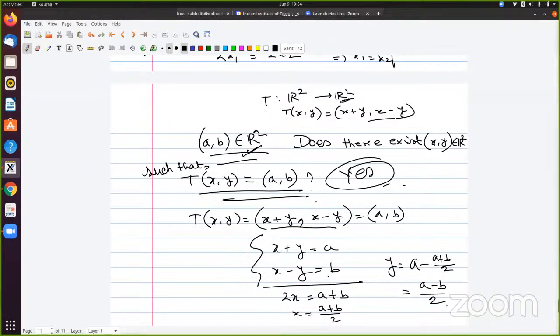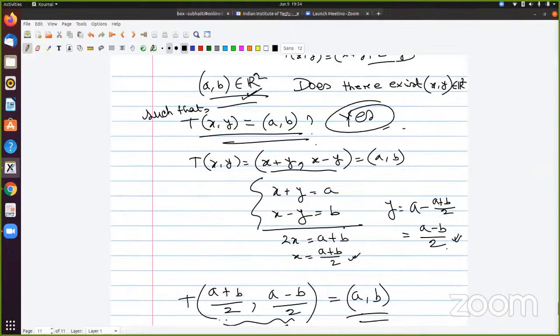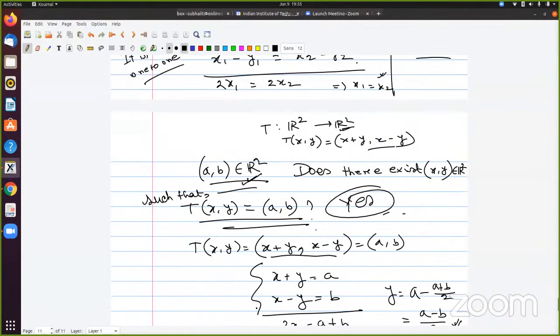Yes, we can find a solution. If we take x as (a plus b) by 2 and y as (a minus b) by 2, then T of (x, y) is indeed (a, b). So (a, b) has a pre-image, and the pre-image is ((a plus b) by 2, (a minus b) by 2). So there exists (x, y) inside R2 such that T of (x, y) equals (a, b). So the map is onto. Clear? Yes.